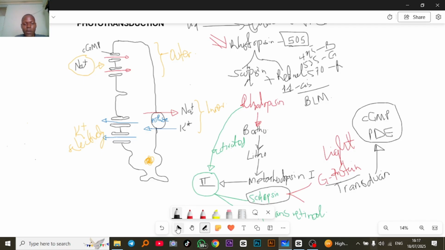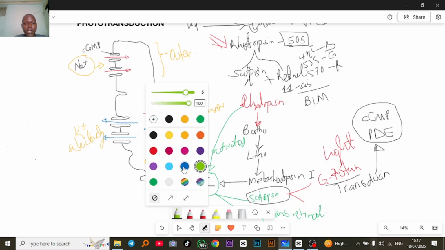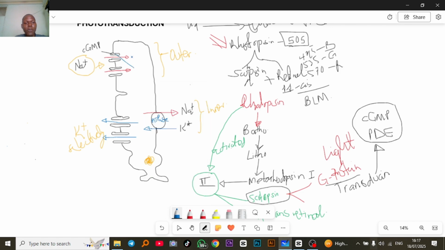So when you have the phosphodiesterase being activated, it means that you cut off any entry of sodium ions in the outer segment. However, you will not have affected the inner segment where we have the sodium-potassium pump still working. So what will this cause? It will cause a decrease in the transfer of sodium ions in the outer segment.